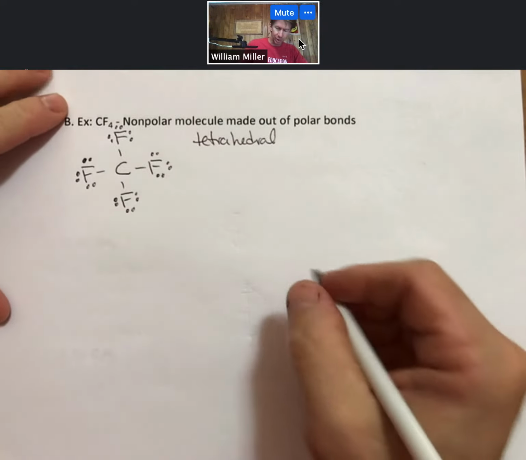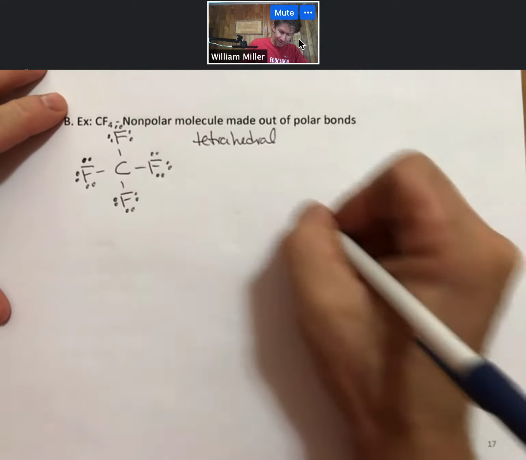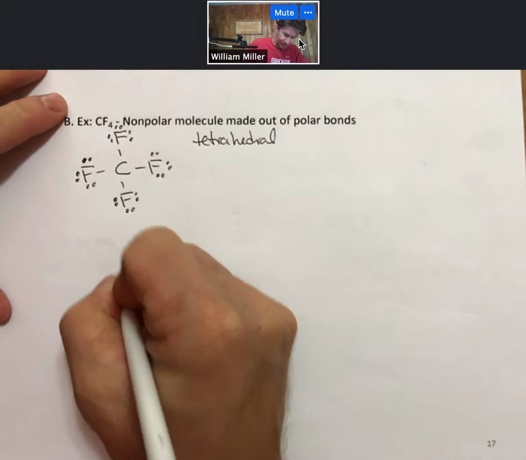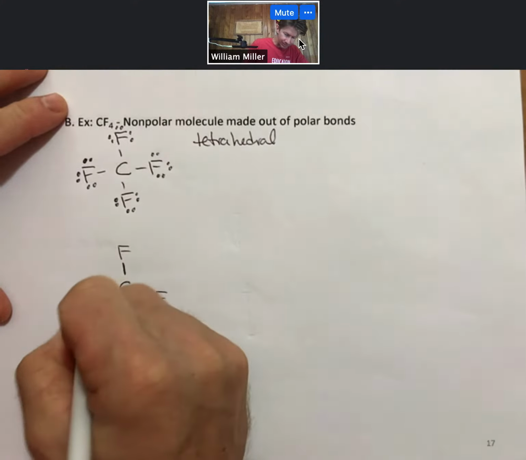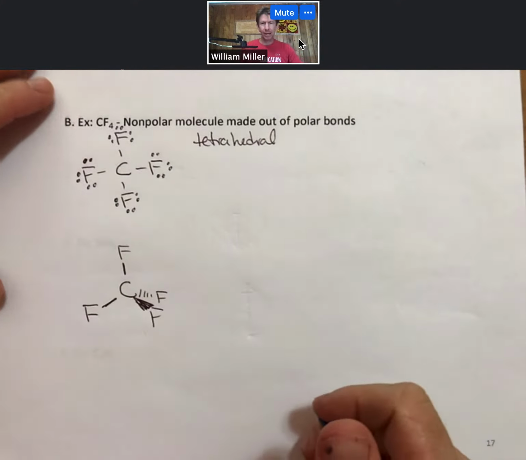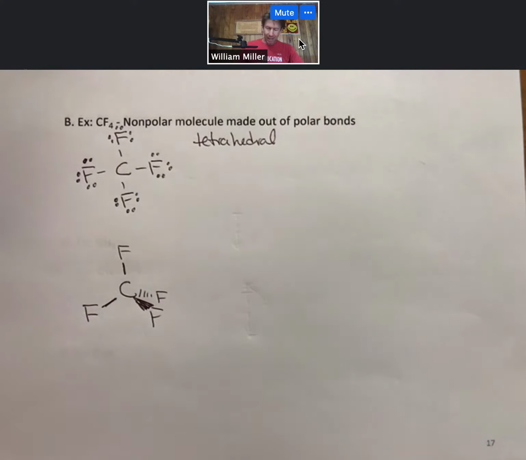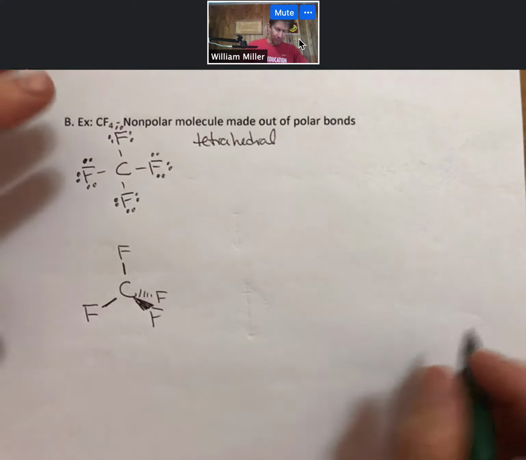And we can draw this. I'll draw it down here, the only way that we draw tetrahedral in this course, like that. And remember, shapes do not have to have all pairs of electrons. And then from there we draw dipoles.